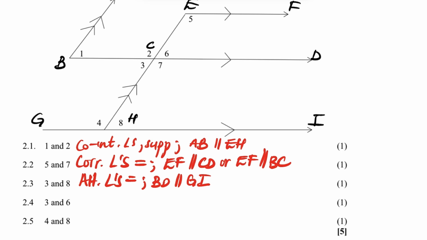So let's look at 3 and 6. If you look at 3 and 6, these two are vertical opposite angles.